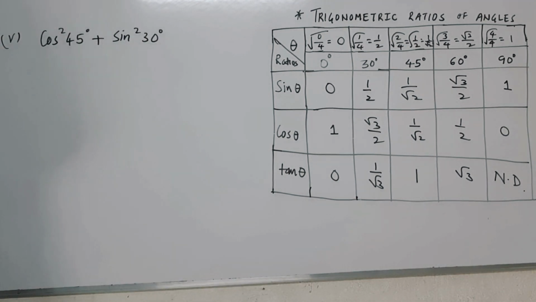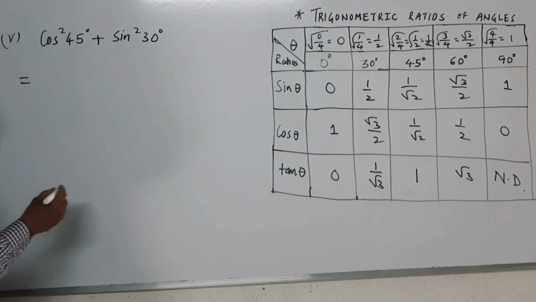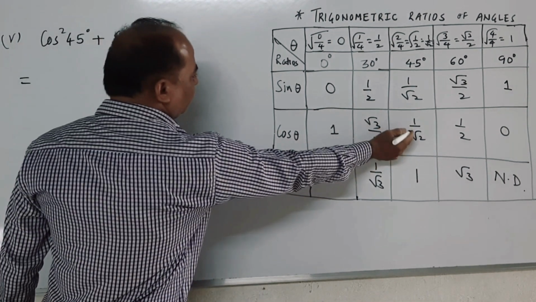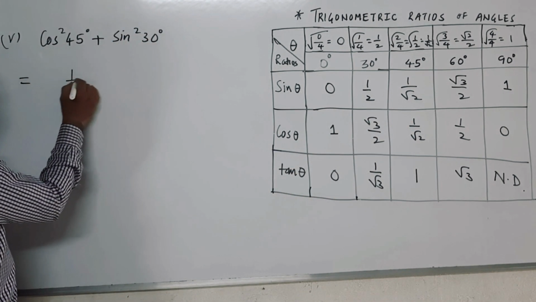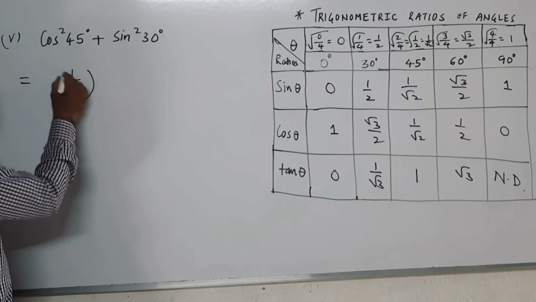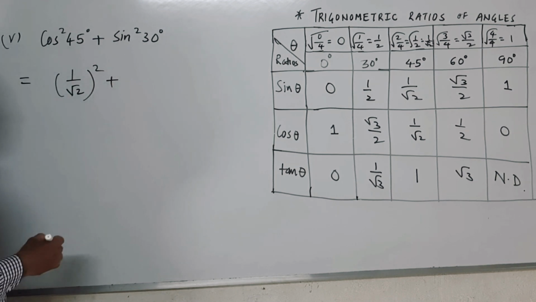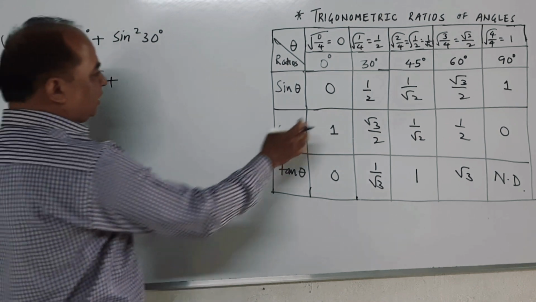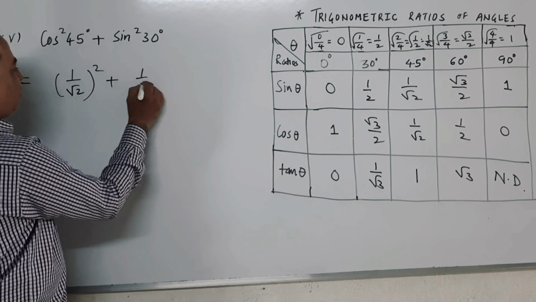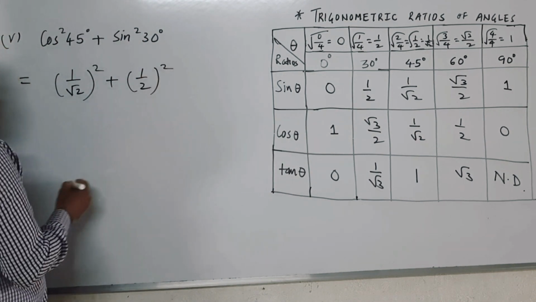Fifth example: cos square 45 plus sin square 30. So cos 45 is 1 upon root 2, that is 1 upon root 2 bracket square, plus sin square 30. Sin 30 is 1 upon 2, 1 upon 2 bracket square.